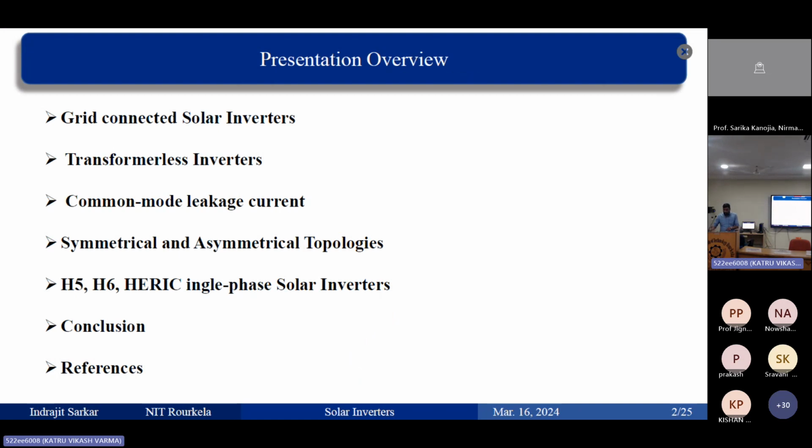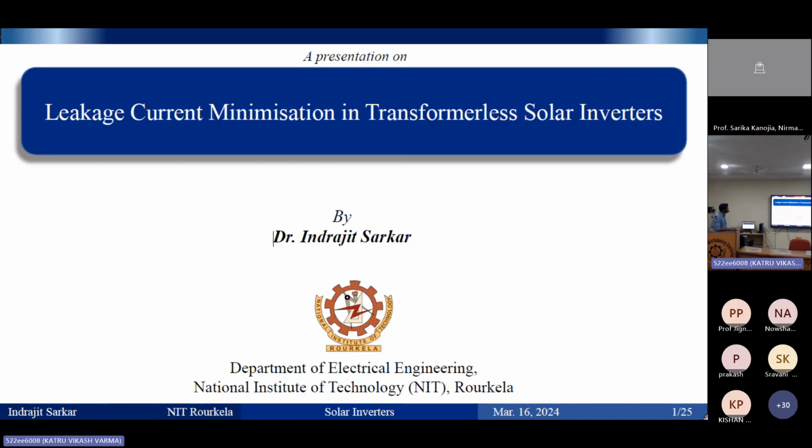Okay, so very good morning to all of you. Audible, right? Okay. Now see, today I come up with this leakage current minimization of solar inverter.